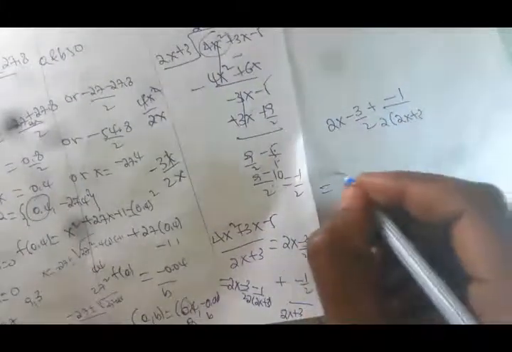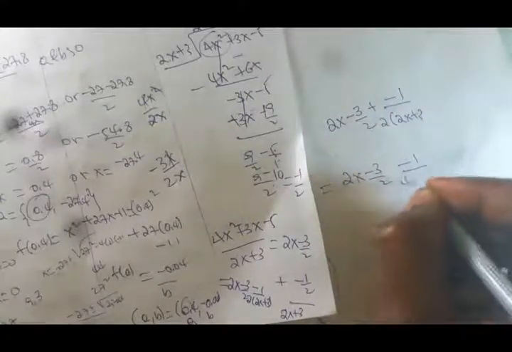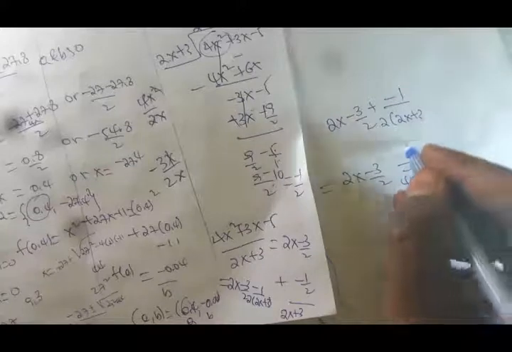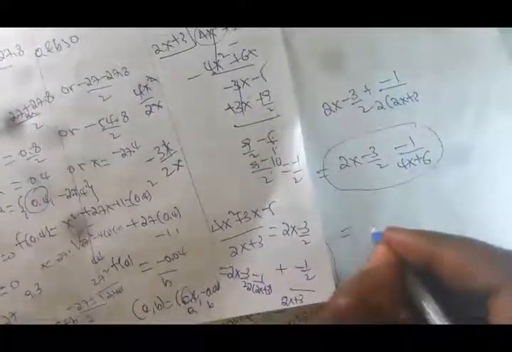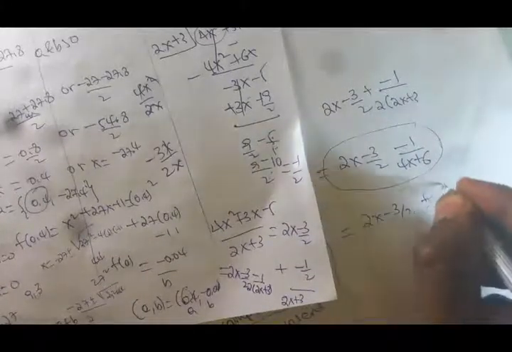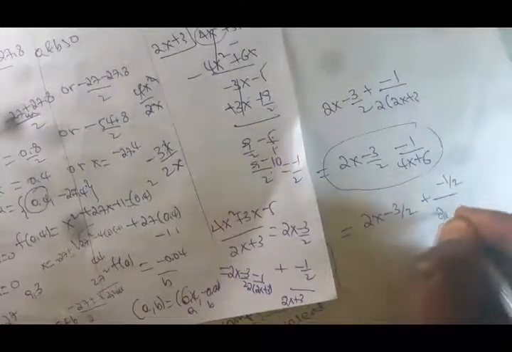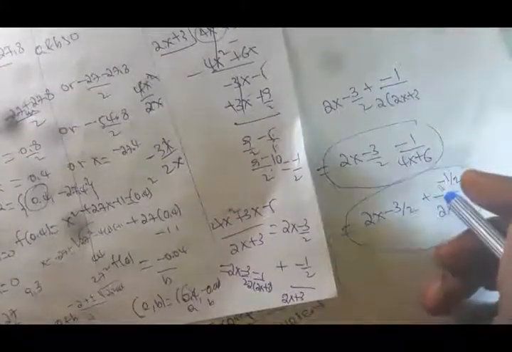Therefore, this converts to 2x minus 3 over 2 minus 1 over 4x plus 6. Therefore, this is our final solution. Or if we like, we can write this as 2x minus 3 over 2 plus minus 1 over 2 over 2x plus 3. Therefore, this is the simplified form of our equation.